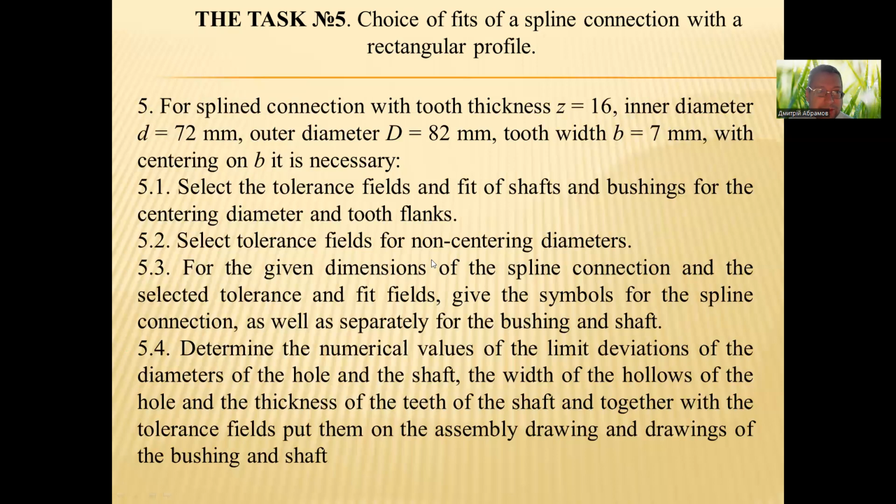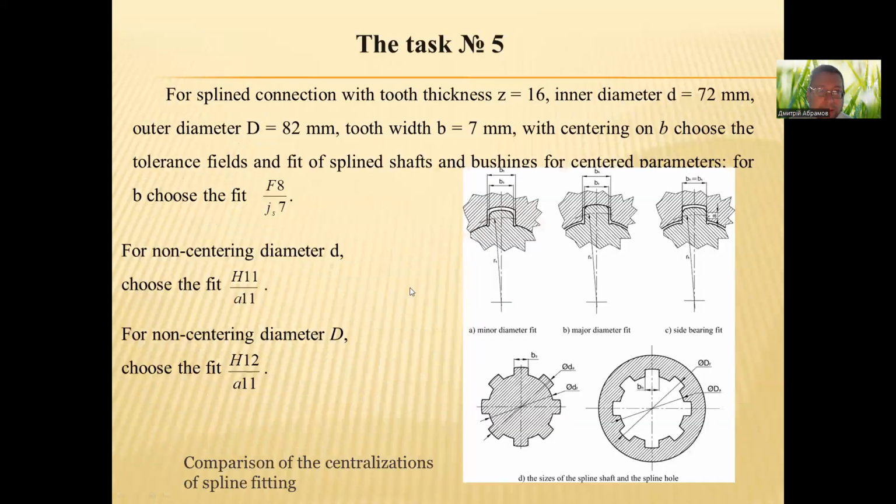So it's the task. For a spline connection with number of teeth Z equal to 16, inner diameter small d equal to 72 millimeters, outer diameter big D 82 millimeters, tooth width B equal to 7 millimeters, with centering on B, choose the tolerance field and fits of splined shafts and bushings for centering parameters.